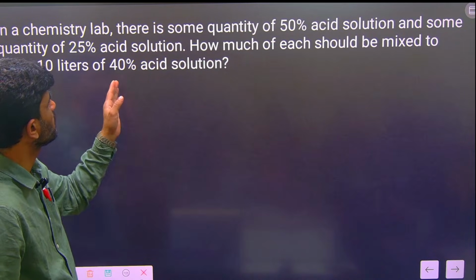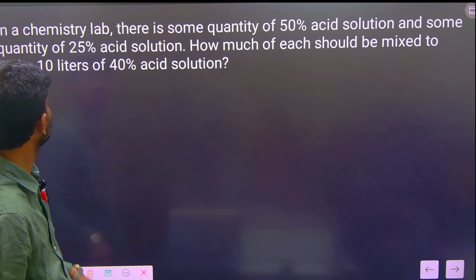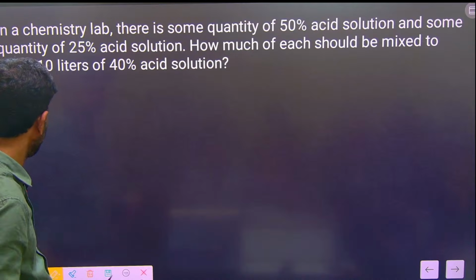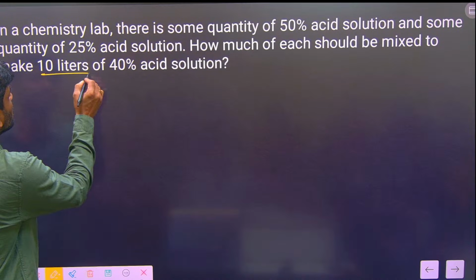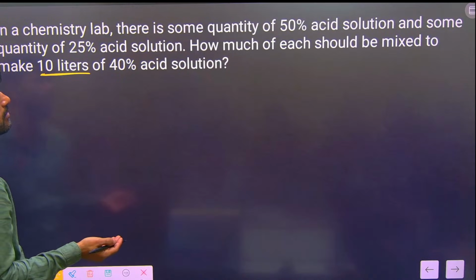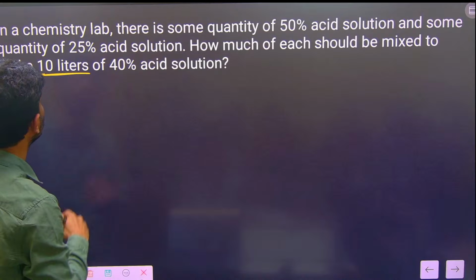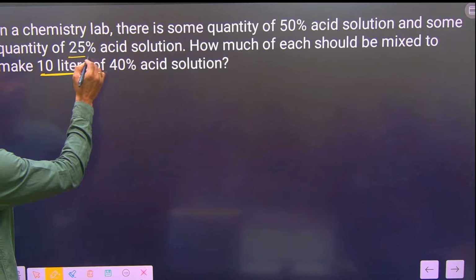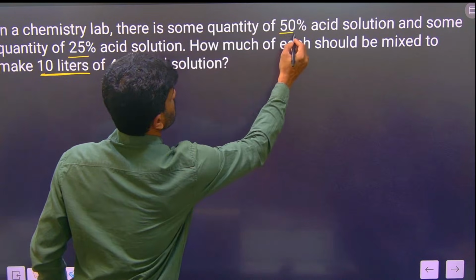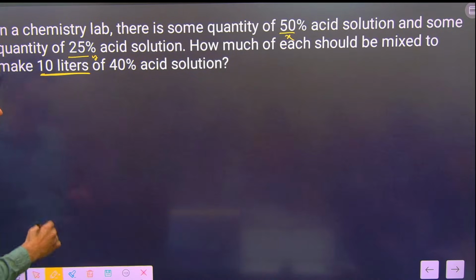Total how many liters should we have? It is given, 10 liters of acid we have to get. This is x liters we will take, this one y liters we will take. So that only we will write.